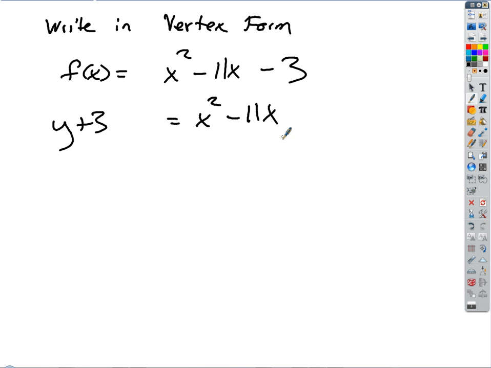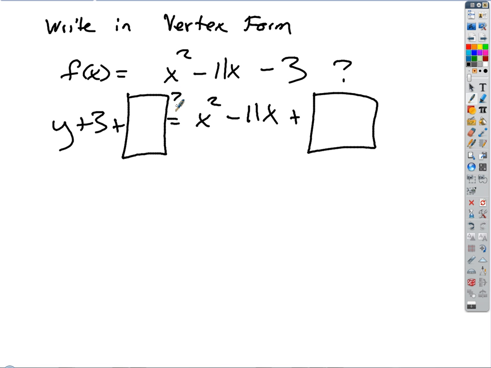I have to add just the right number to both sides so I can create a perfect square trinomial, right? We know the recipe. It's always half of that number squared. So plus negative 11 over 2 squared. What's that going to be on the other side as a fraction? 121 over 4.